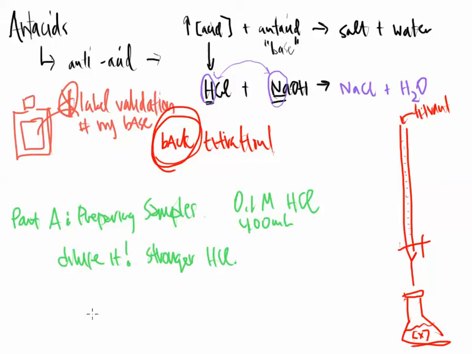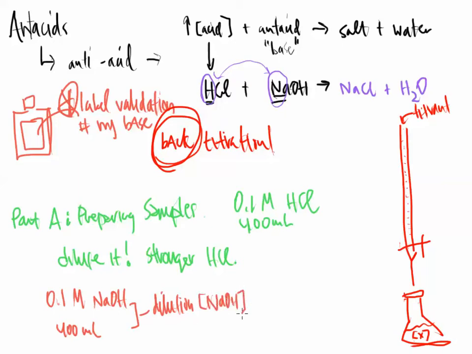Then the directions are going to say you also need to make a 0.1 molar NaOH solution, and you need 400 mL of that one as well. Well, this is also a dilution. They want you to dilute from a stronger concentration of sodium hydroxide. And this is all part of Part A.